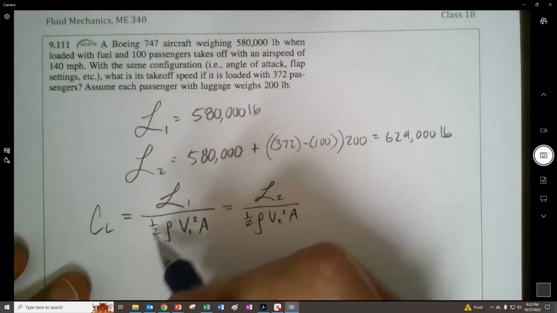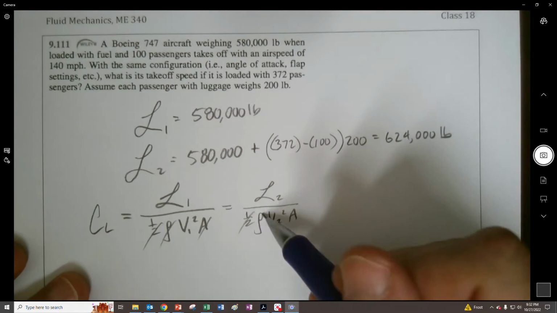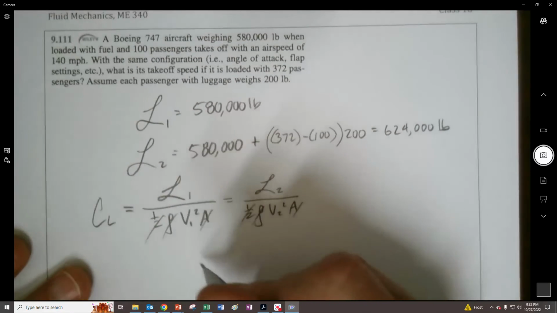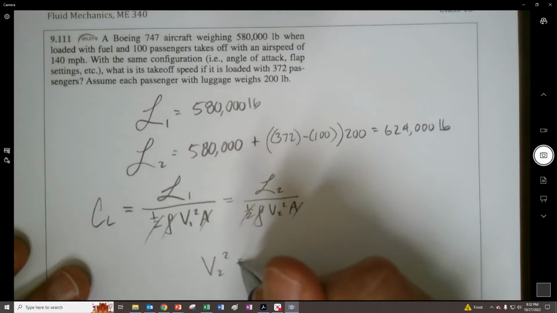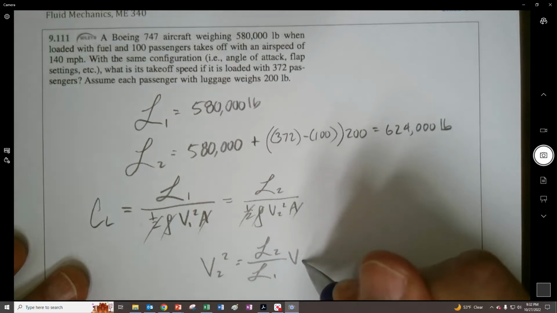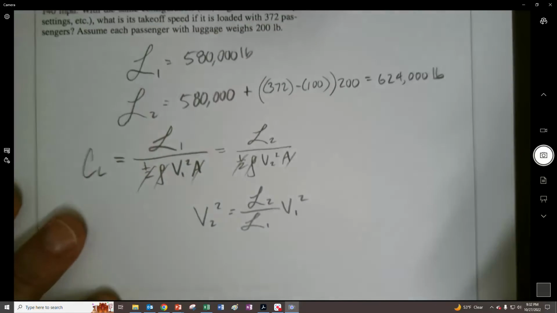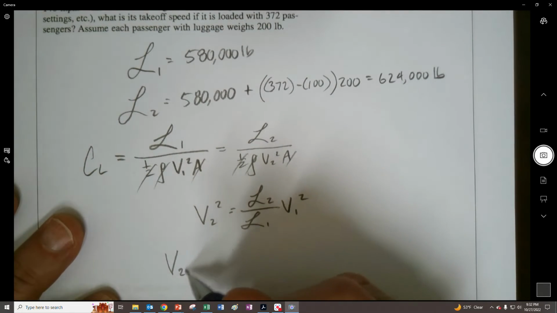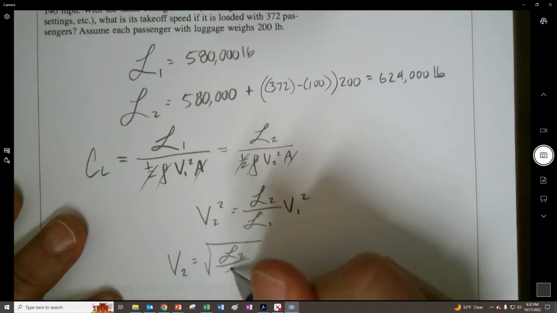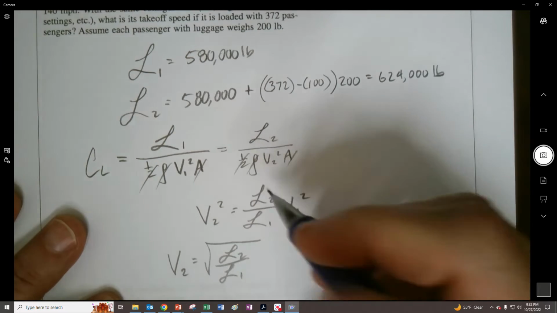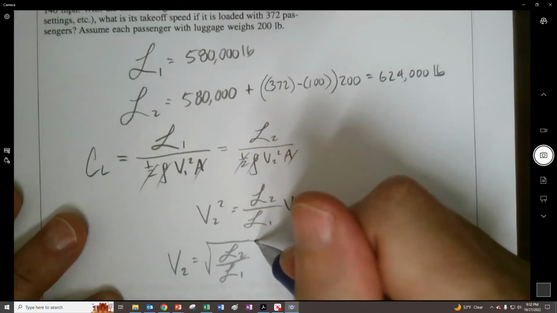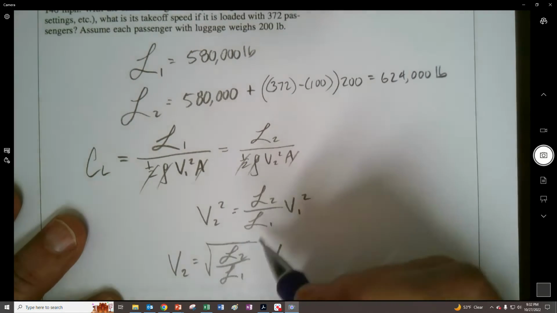And all things being equal, we could cancel out these terms and rewrite this around, maybe say the velocity 2 squared is going to be equal to the lift 2 divided by the lift 1 times the velocity 1 squared. Or you could say that the velocity 2 must be equal to the square root of L2 over L1 times velocity 1.